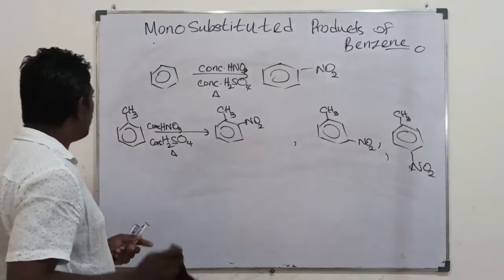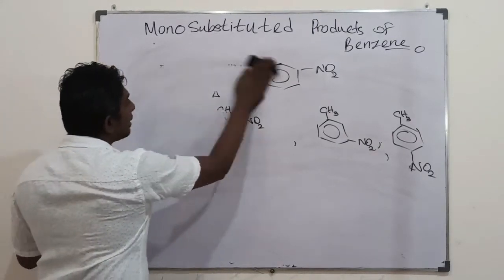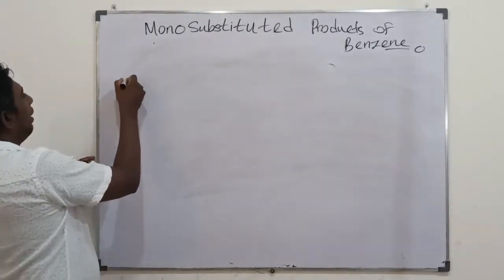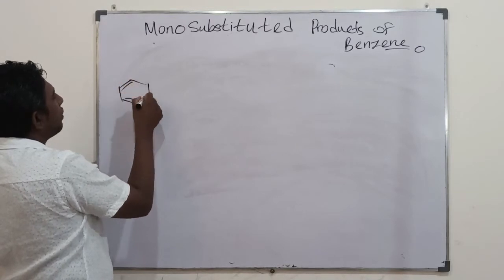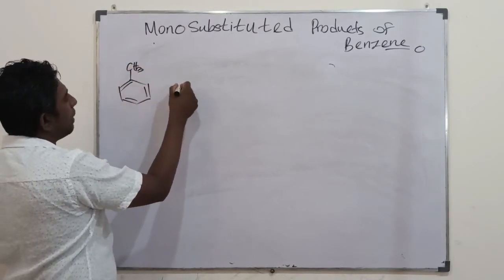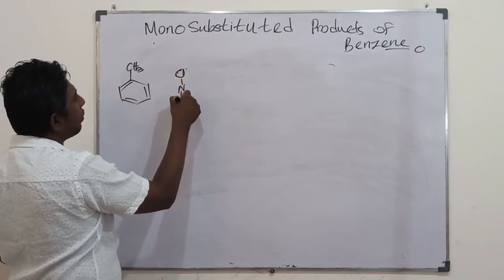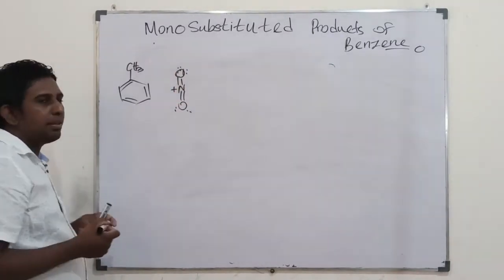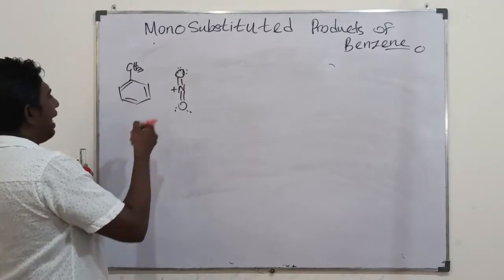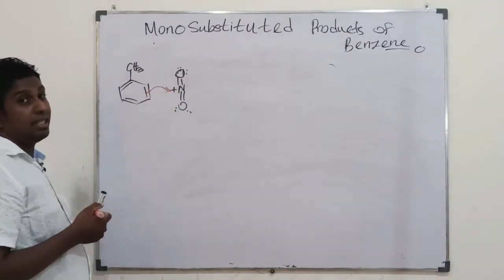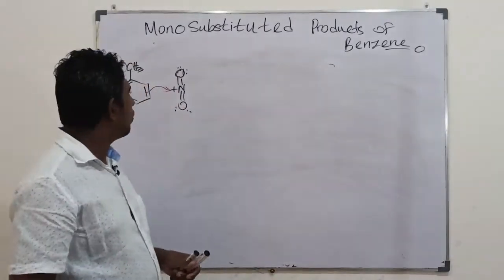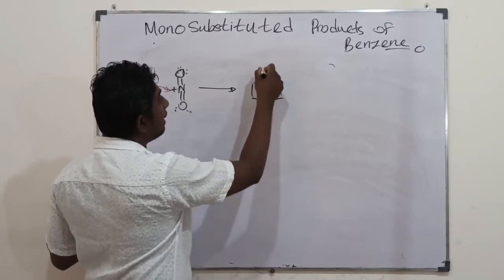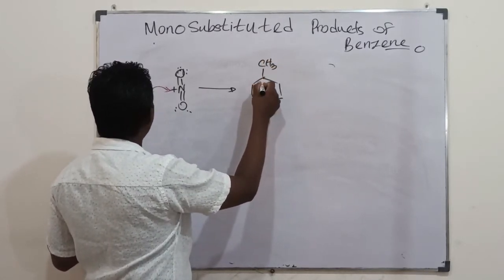Check this. Students, it's in the second step that the already formed NO2 plus would attack. If the ortho nitro product is going to be formed, compared to the CH3 group, this is the nitronium ion. So this should attack on this, but we draw the arrow in this direction to show the flow of electrons. So what you get next is the ortho nitro product, but it's an intermediate. In the mechanism, the very first thing you get is the intermediate.